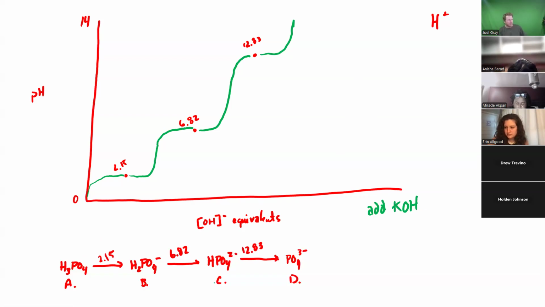And what's going to happen is for every base molecule that I add, one of these H3PO4s is going to be converted to H2PO4 minus. I'm going to have an equivalence point where basically 50% or 0.5 of my molecule is A, and 0.5 or 50% of it is B.